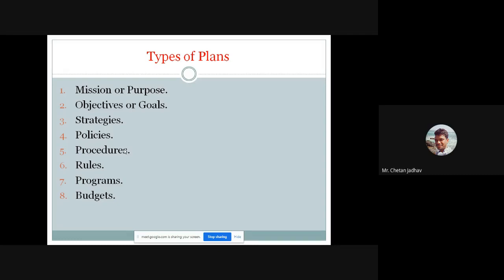Then strategies. Whatever planning you have done for achieving your output, any production, any object, any part, you have to make some strategy plan for achieving the target. There are n number of parameters to achieve the desired goal. First, you can start from your employees: how to satisfy our company's employees with salaries, incentives, bonuses.